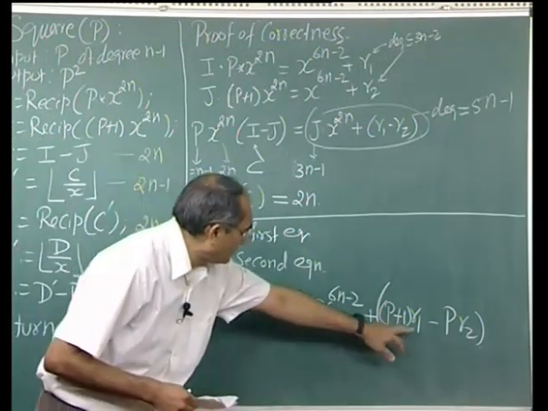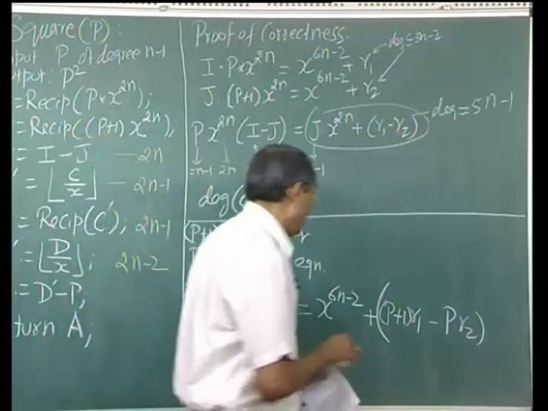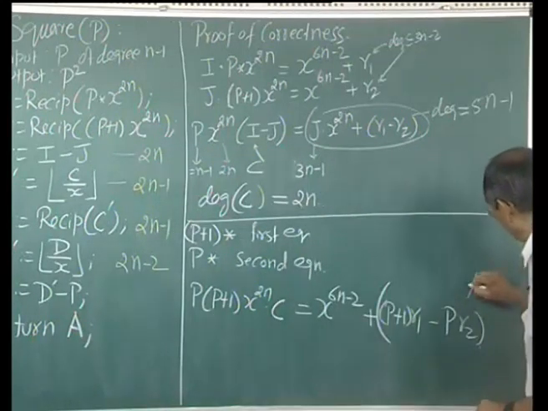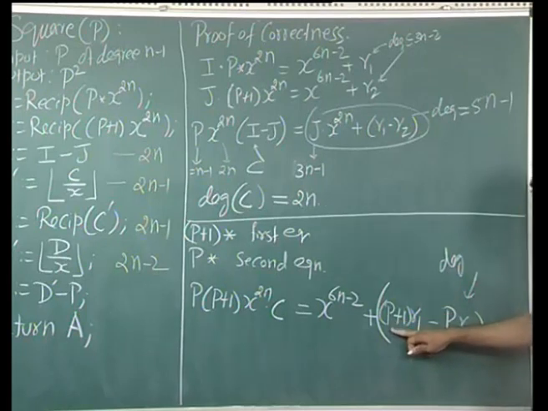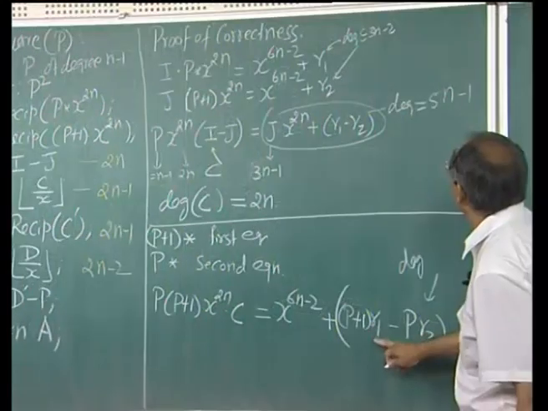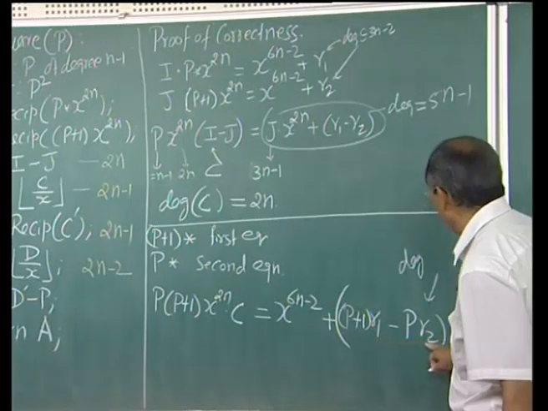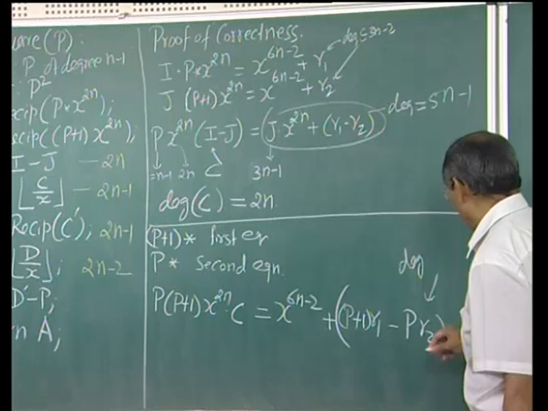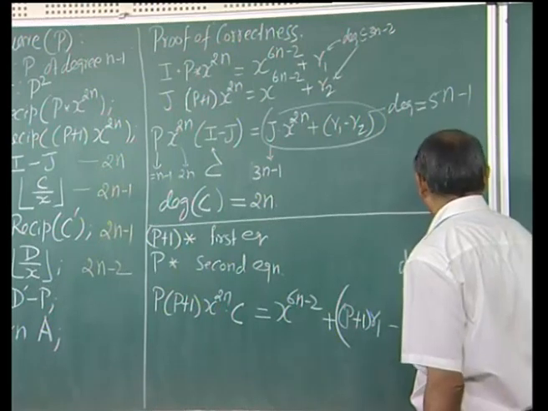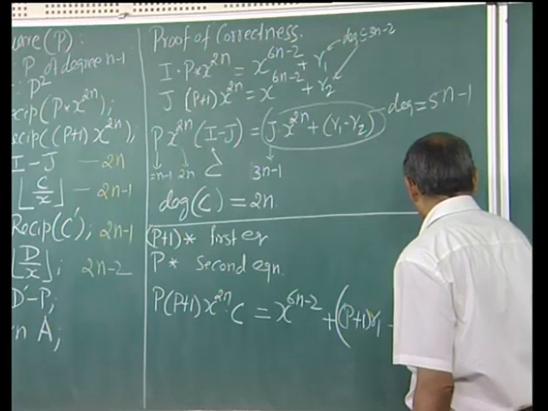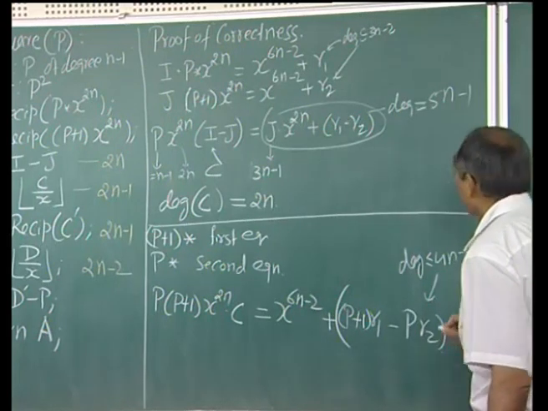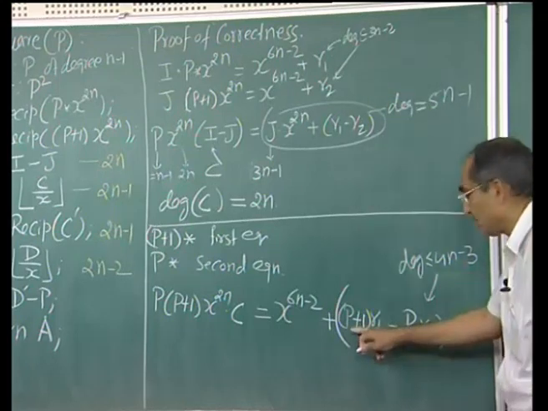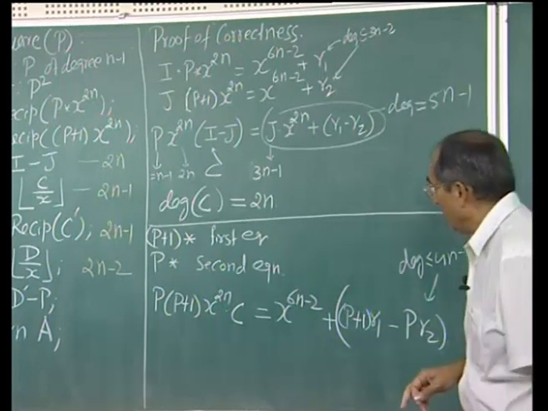The degrees of these terms, let us just put down that information. The degree of p as well as p plus 1 is n minus 1, and this of r1 and r2 is 3n minus 2. So, this becomes less than or equal to 4n minus 3, 3n minus 2 plus n minus 1. Okay.